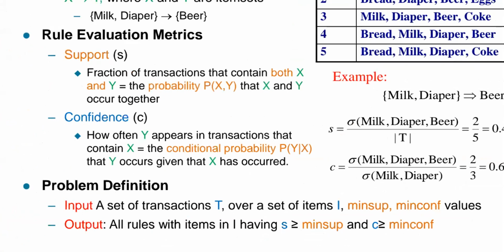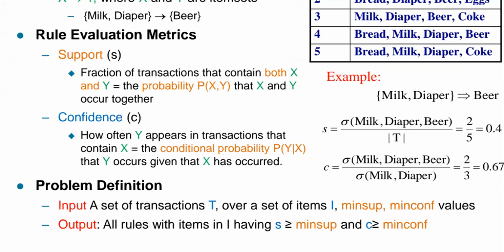Given a set of transactions T, a set of items, and the minimum support and minimum confidence values, this is the input to the analysis. And the output is all the rules with support greater than or equal to minimum support, and confidence greater than or equal to minimum confidence.